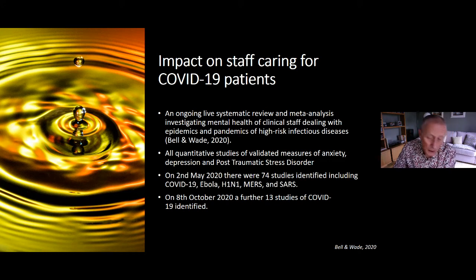This systematic review was published in May 2020 and was updated as recently as the 8th of October this month. At that stage, there were a total of 27 studies that had investigated the mental health impacts of COVID-19 on staff, and these are all quantitative studies. Next slide, please.